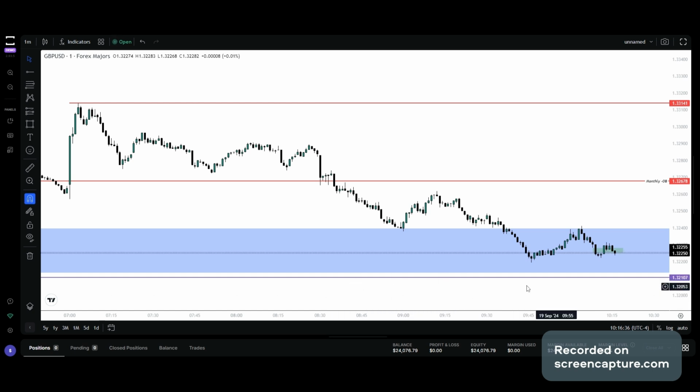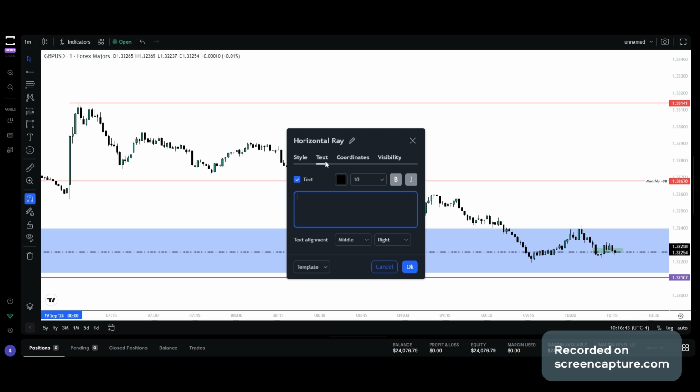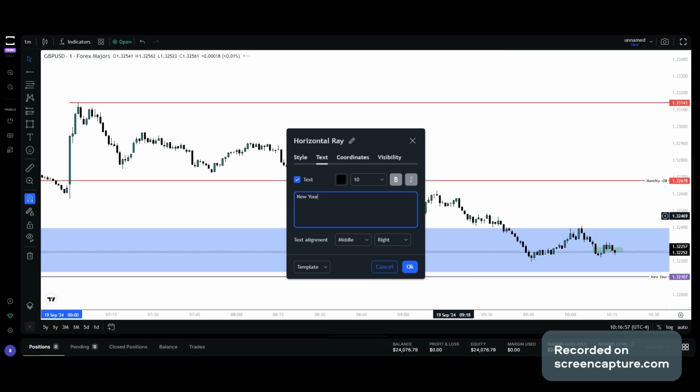So typically, the reason why I plotted the New York midnight opening price on the chart is because in ICT trading, typically what we do is we look for the power of 3. Let's go ahead and type this out. New York.